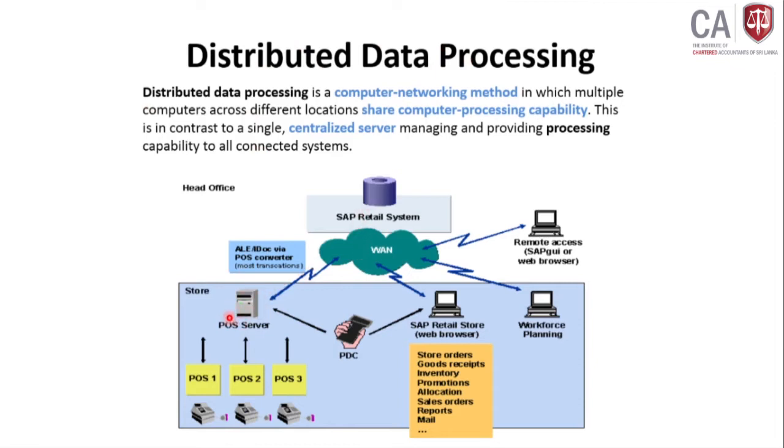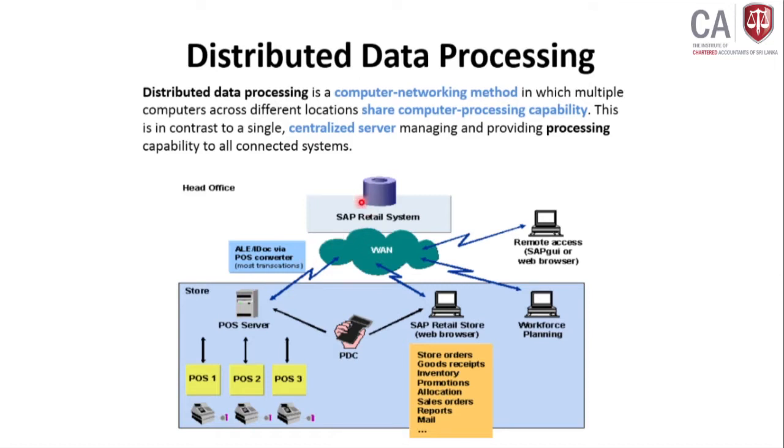The POS machine has the same system installed, the SAP ERP client software. Then from this POS machine the system is fed, and the data is stored in the centralized server.